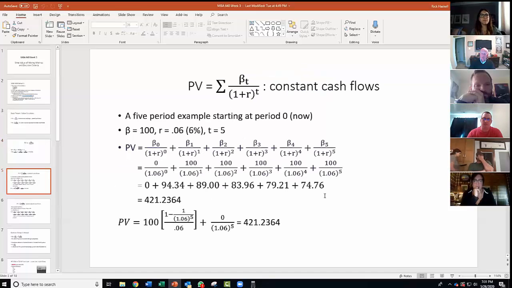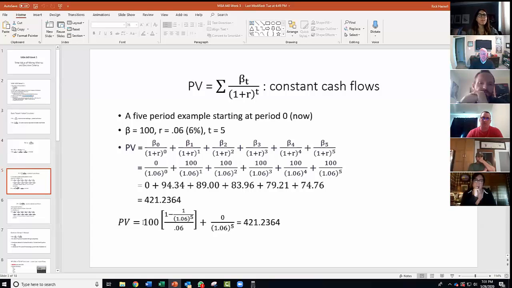And if we want to think about this a little bit further, and we think that we've got some constant discount rate, and some constant stream of payments, so they started at 100 and they keep going at 100, and we're discounting them, then summing all of those up, we've got the present value of this future income stream.